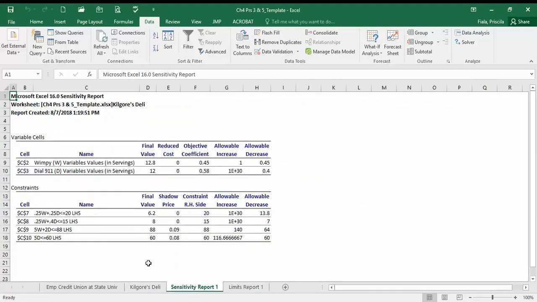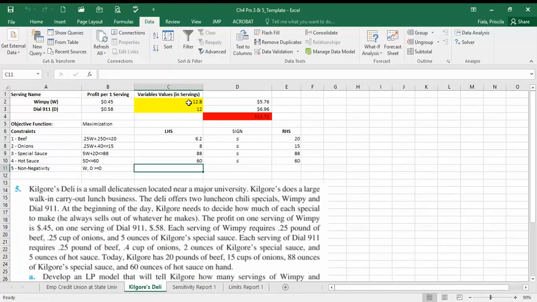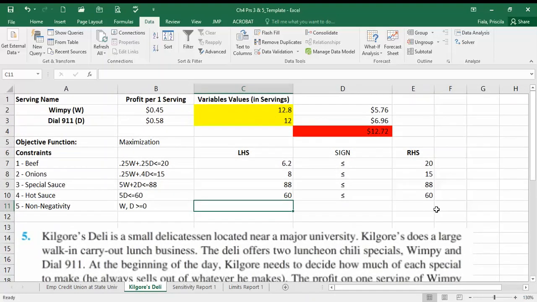So let's look at the results first. It told us that we need 12.8 servings of Wimpy and 12 servings of Dial 911 to get our optimal value of $12.72. By looking at this information right here, I'm going to make it bigger. If you notice, this value had to be less or equals to 20. It was only 6.2. Less or equals than 15 on the second one was only 8.